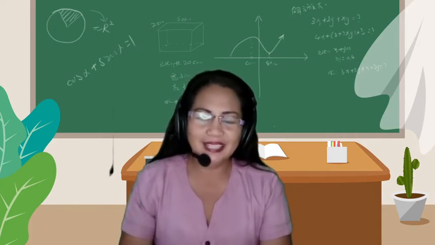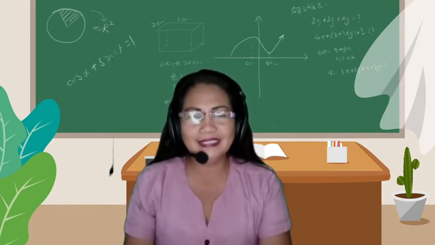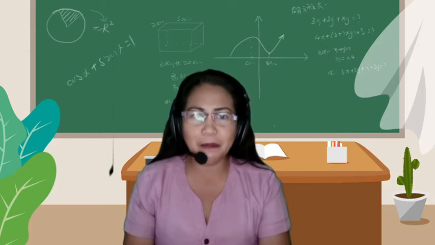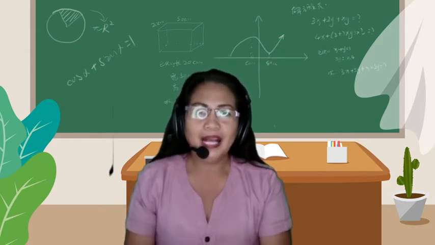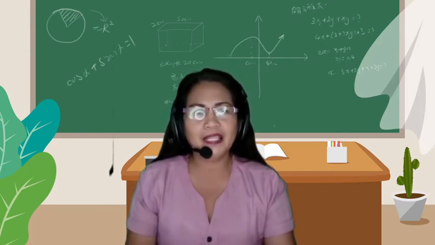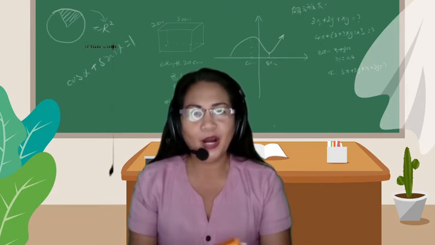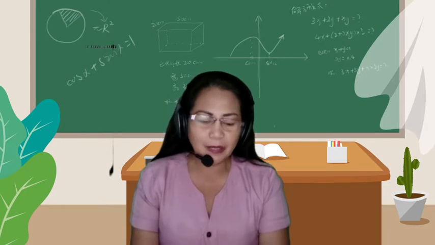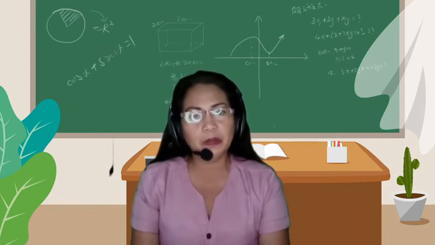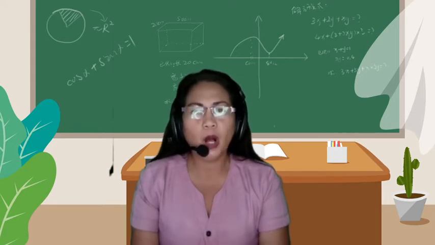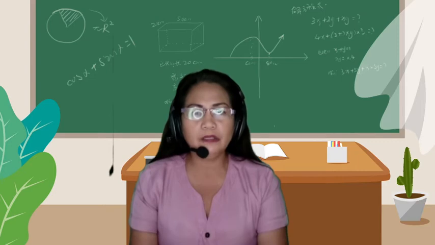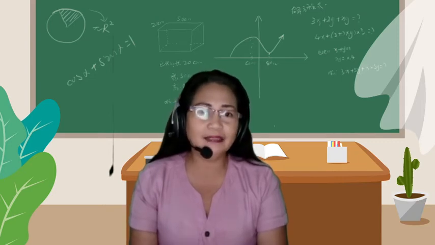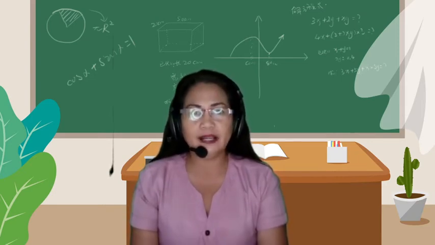So, how did you find finding the missing term in a given pair of equivalent ratios? So you can use both the long method, cross multiplication, and the shortcut method.